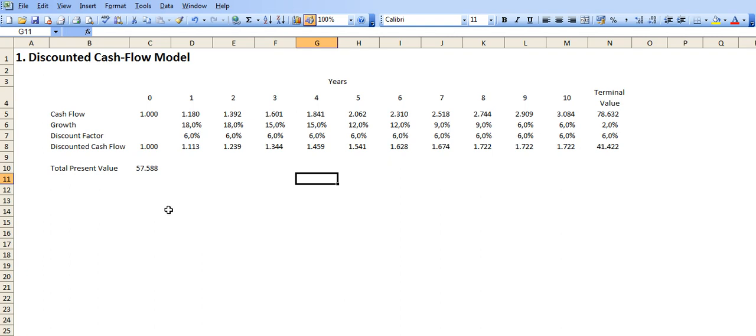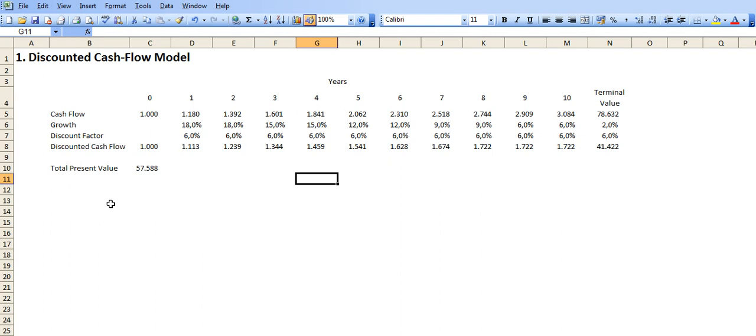On the discount factor, this is also called WACC, weighted average cost of capital. It's basically a discount factor for this specific company, for the cash flows that you're calculating. The company will have a kind of cost of capital.